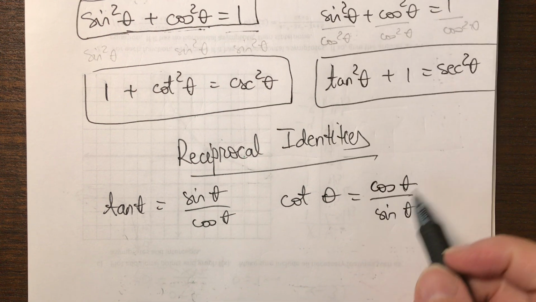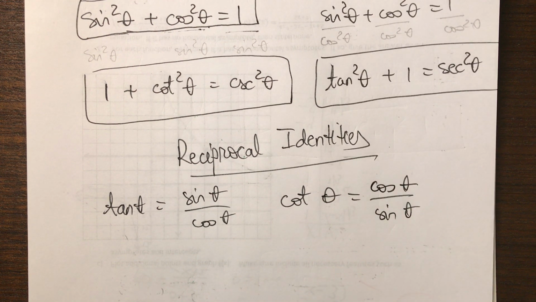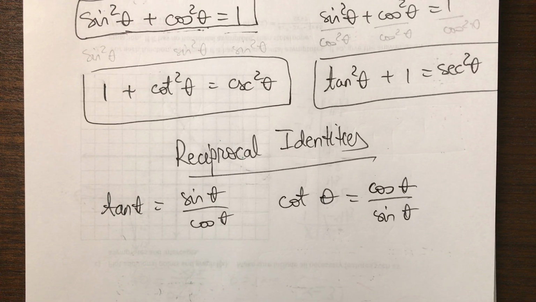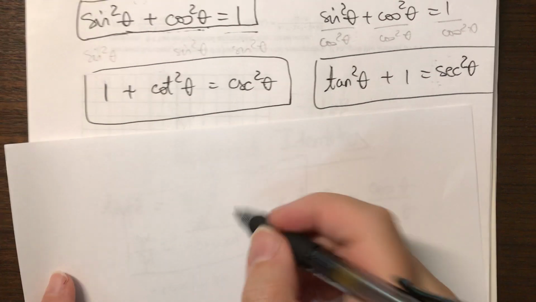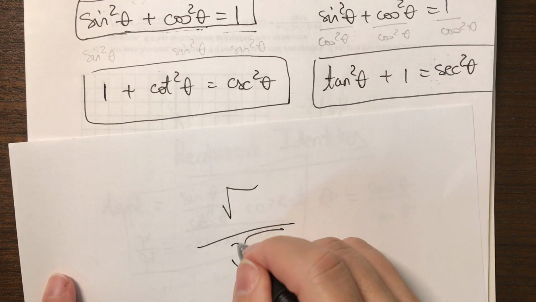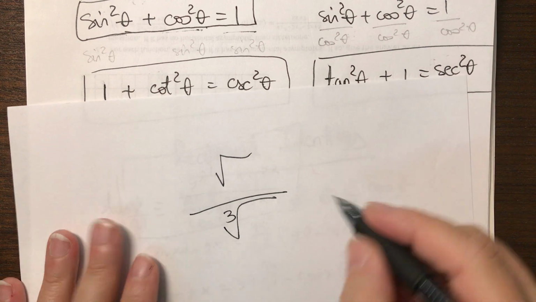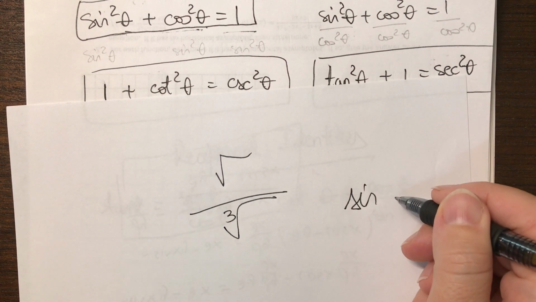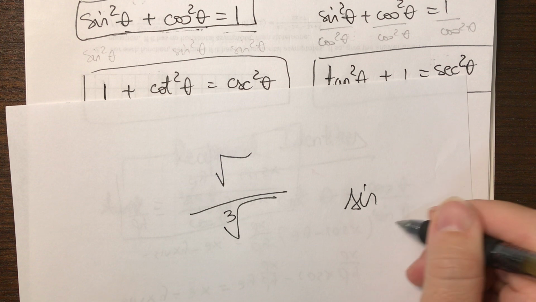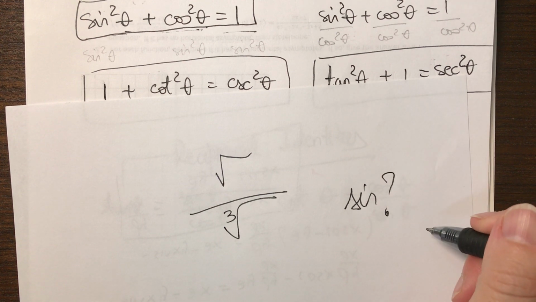So you can't write cosine over sine without an angle in between. It's the same thing as writing a square root over a cube root. Of who? Who am I taking the square root of? So the same thing if you leave out the angle. Sine is a function. It's an operator. Who am I taking the sine value of?